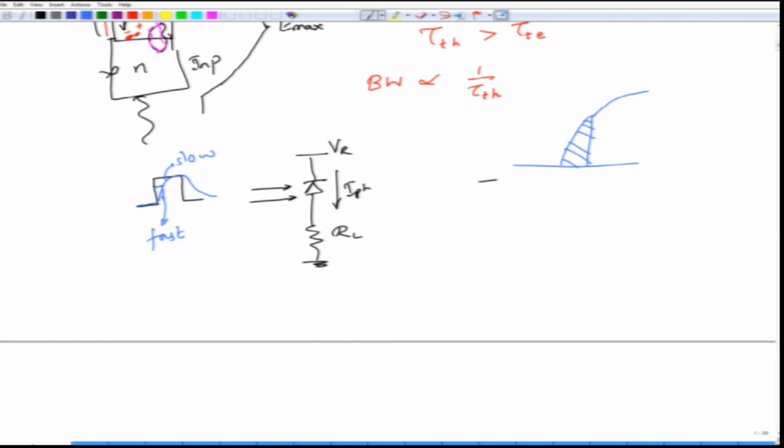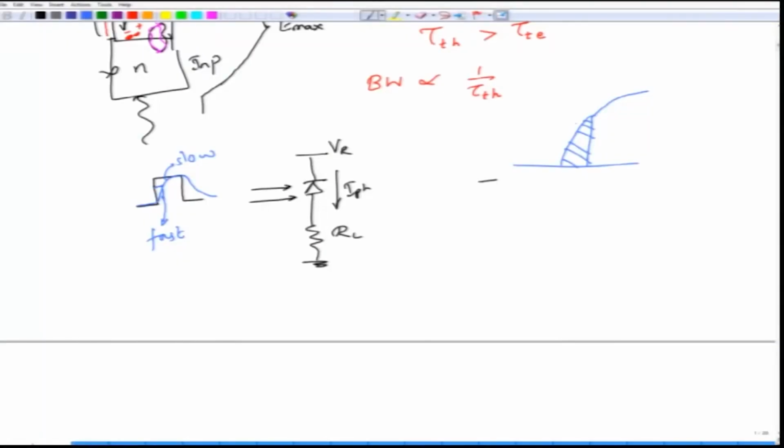Depending on the doping concentration, the diffusion time will become larger. So, it is effectively the diffusion which limits the total rise time of your photodiode. Again, when I say this is fast, I am only implying that it is fast with respect to the diffusion process. It is not infinitely fast, that the moment your electron hole pairs are generated, they would have reached the other end.